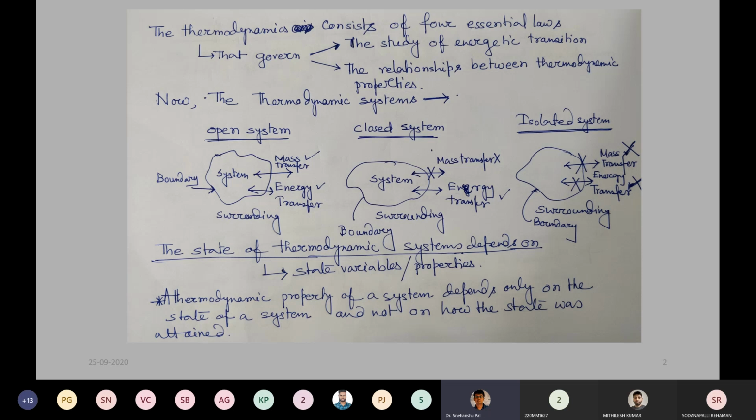Path functions, on the contrary, concern the path of a process by which a system changes from initial state to final state, and the final state can also become the initial state and vice versa.